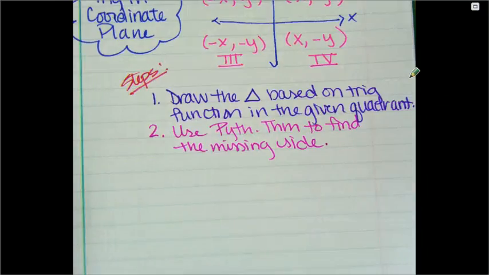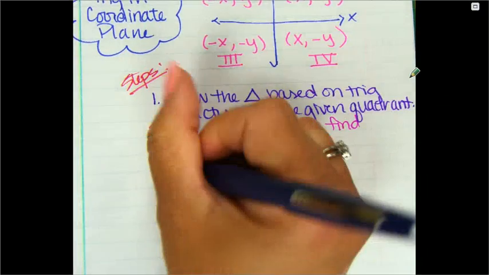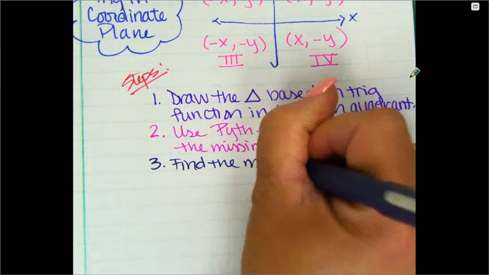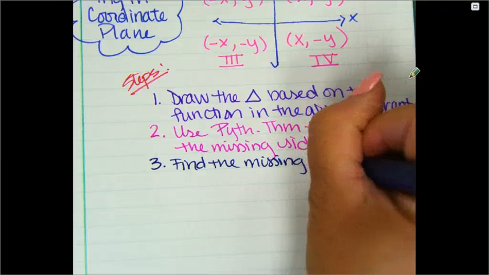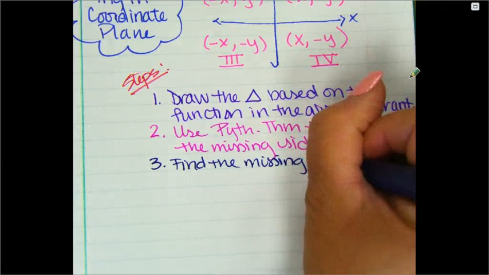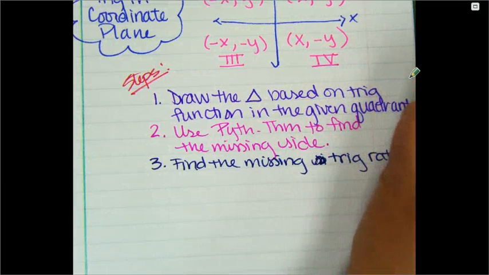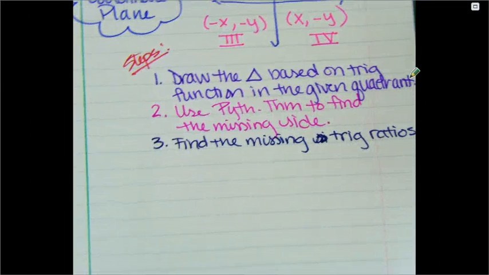Step 3. Then you find the missing what? We already found the missing side, so now to find the missing ratios. Do we actually find the angles or do we find ratios? Ratios. Trig ratios to be exact.